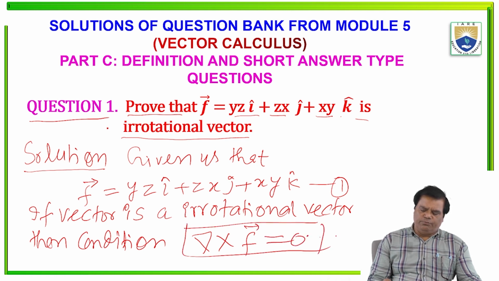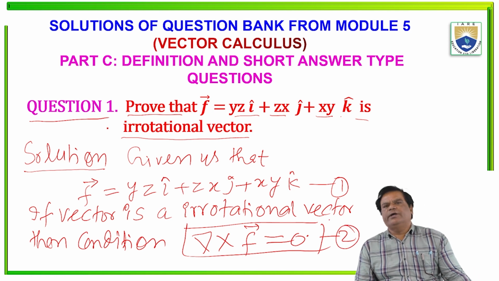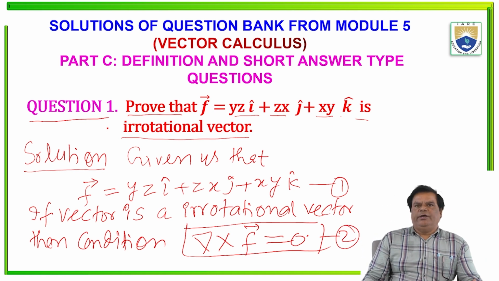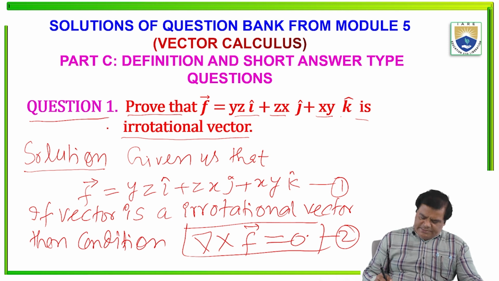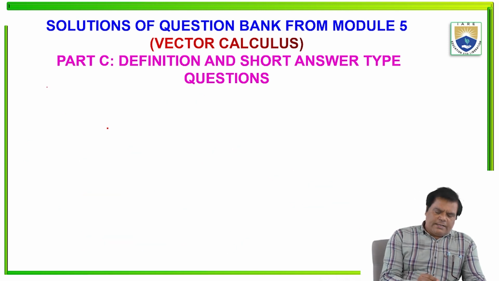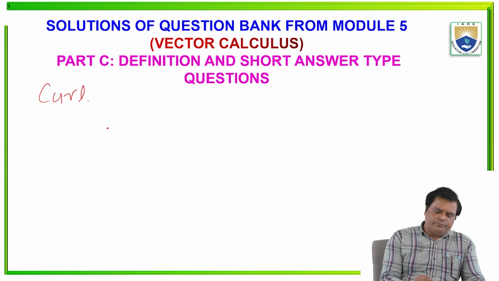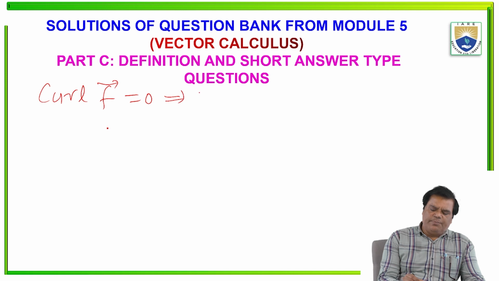This is equation 2. If the vector is irrotational, then del cross F equals 0, or curl F equals 0.